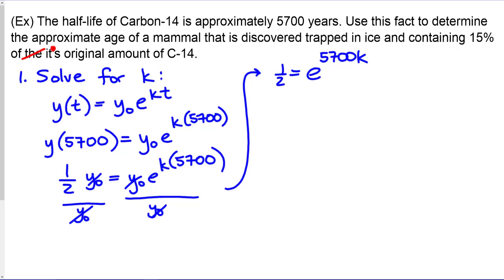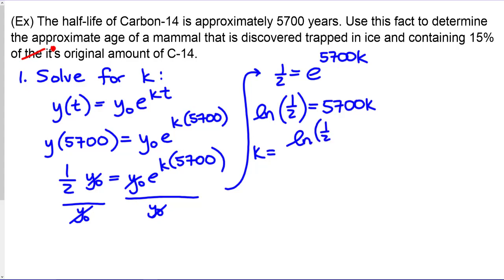Using that, which is an equation with only one variable remaining, we can change it into a logarithmic equation, so it would be a log base e, or a natural log, of 1/2 equals the exponent, which is 5,700 times k. And then I just divide both sides by 5,700. So natural log of 1/2 over 5,700. I can now put that into the calculator and come up with an approximation.